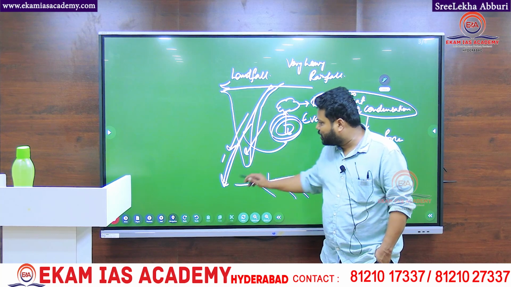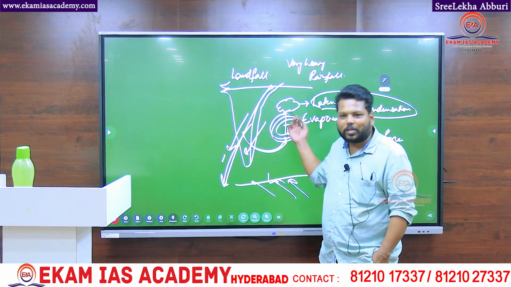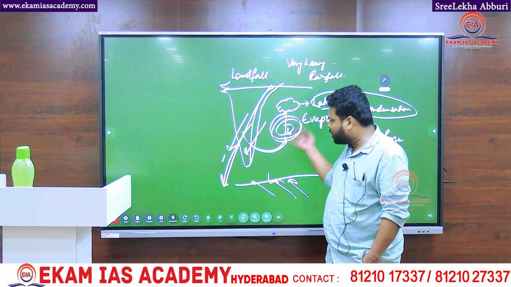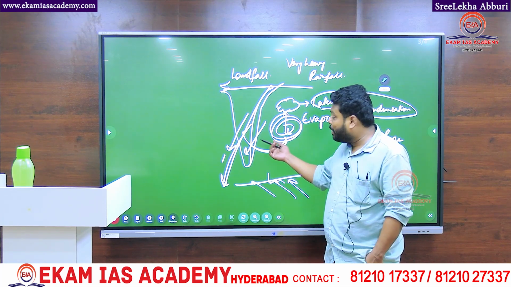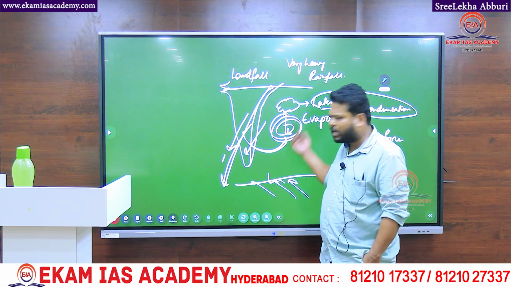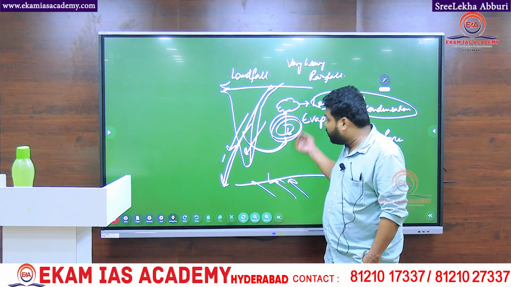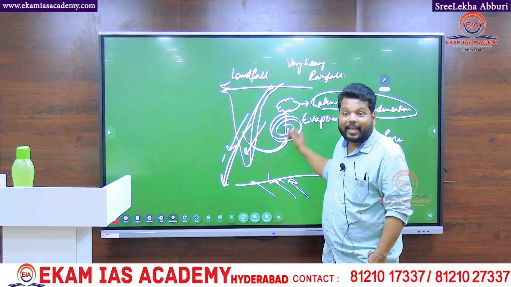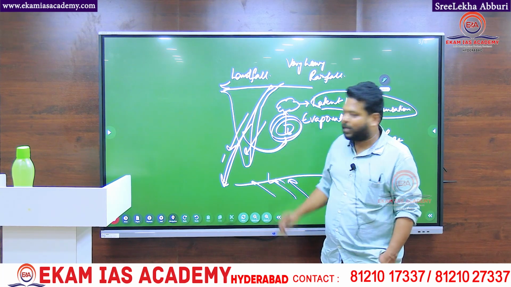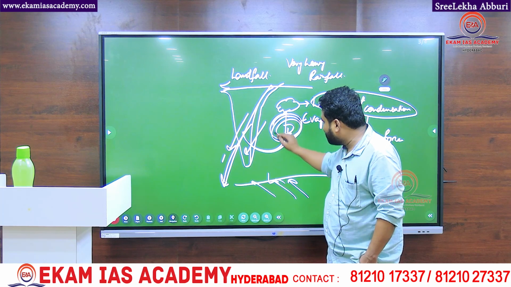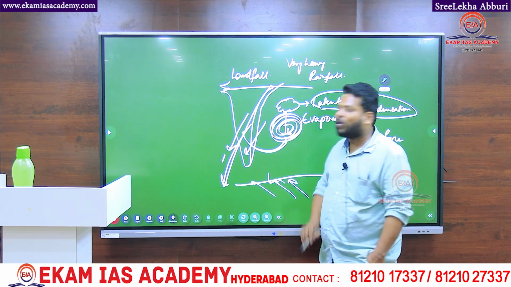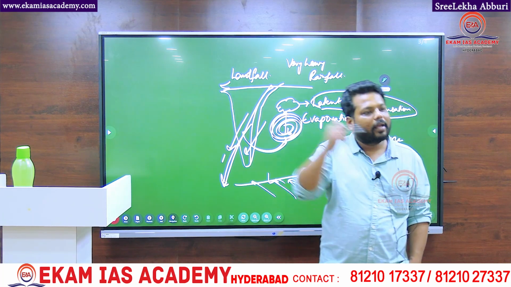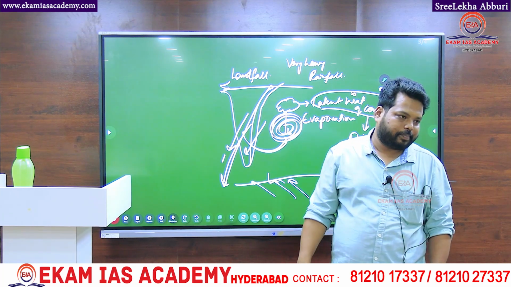Rather than moving towards the equator, they are attracted towards this low pressure. When the winds are attracted, they attain an anti-clockwise direction, and this anti-clockwise direction is given by the Coriolis force.